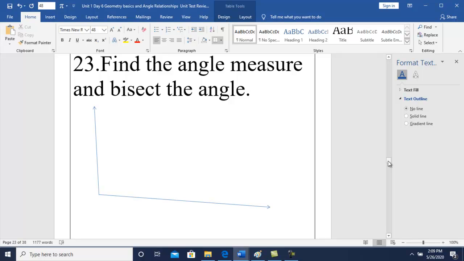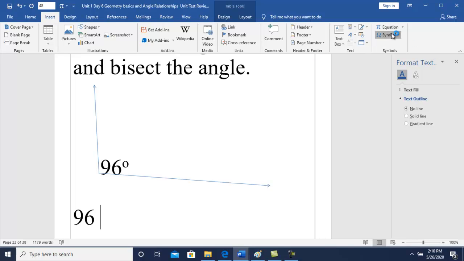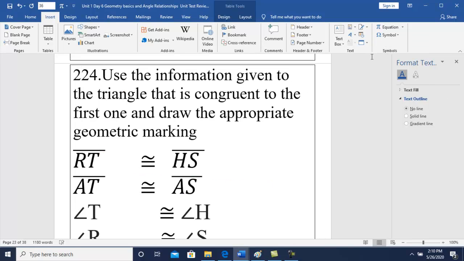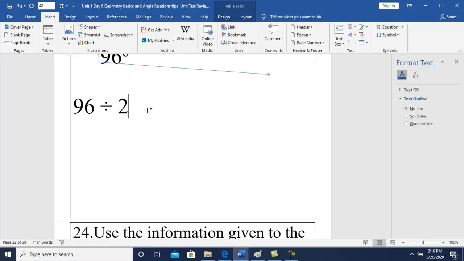So if I take 96 and divide it by 2, that would equal, if you need a calculator, 96 divided by 2 is 48.